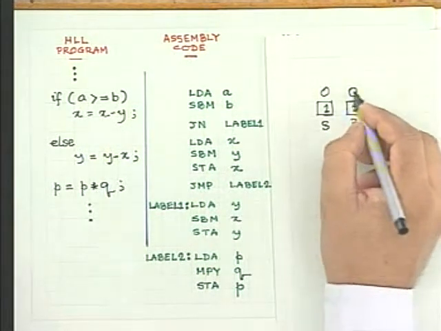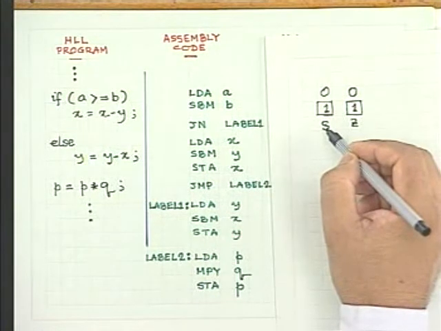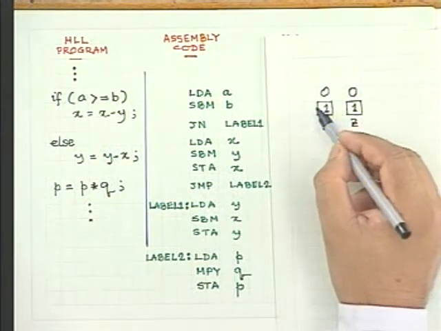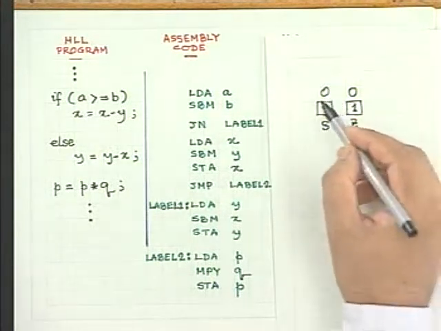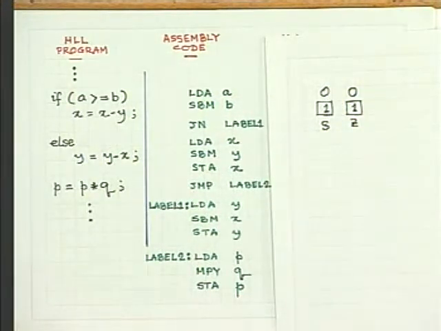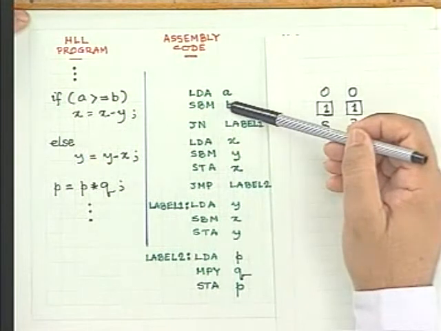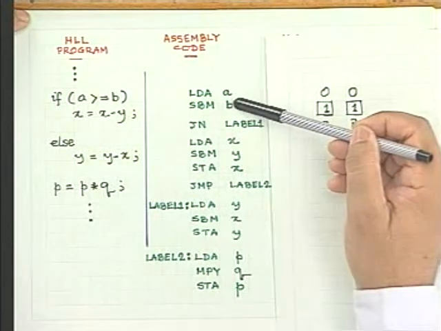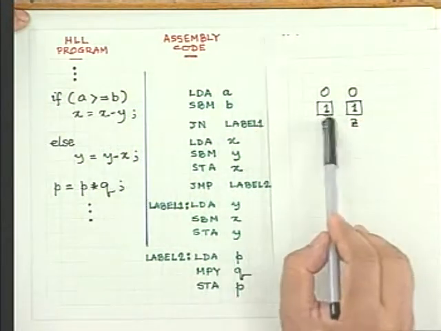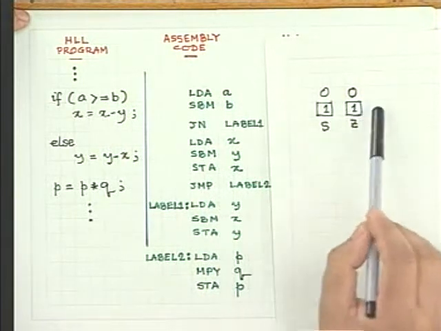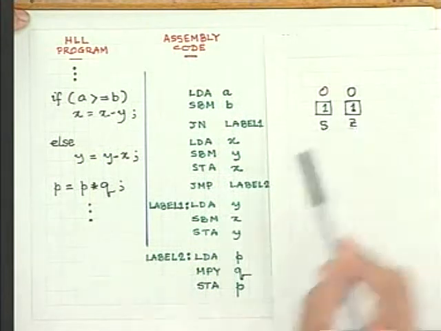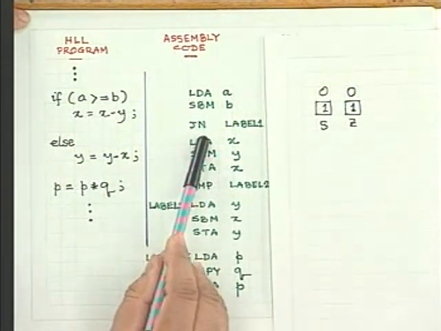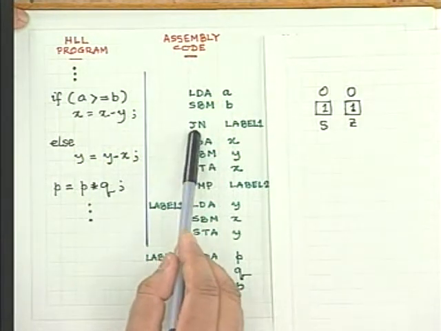And if it is non-zero, the sign flag will determine whether the result is negative or non-negative. Therefore, as the subtraction instruction is executed, these two flags will be set. There may be some other flags which we will know later on, but we will need only these two flags now. Now, this says jump on negative.